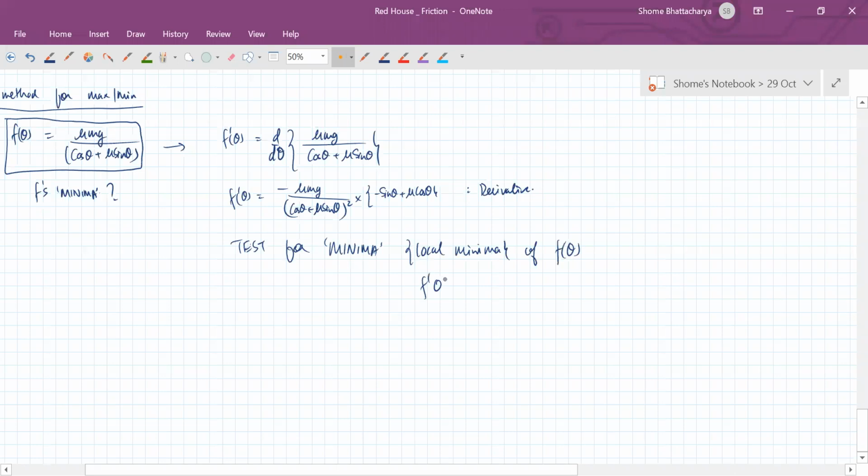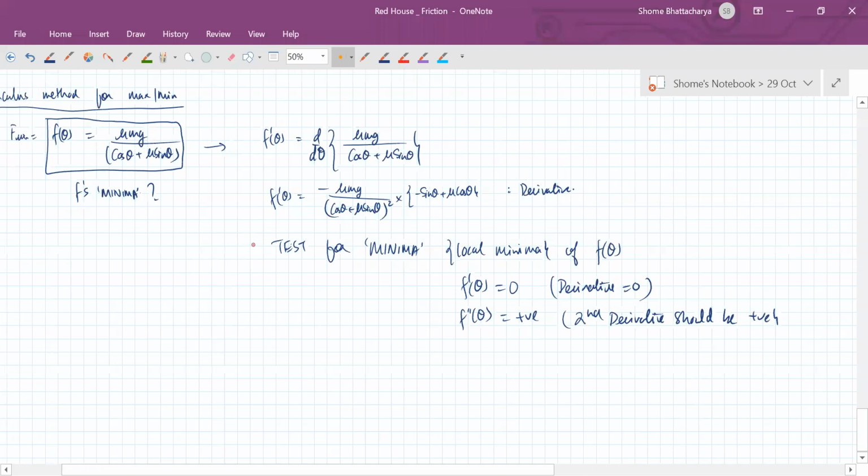So the derivative should be 0, and the second derivative should be positive. The second derivative test we won't do over here because it's very lengthy, but we'll just put the derivative equal to 0.